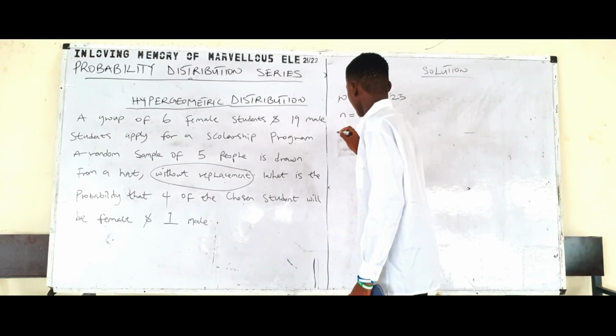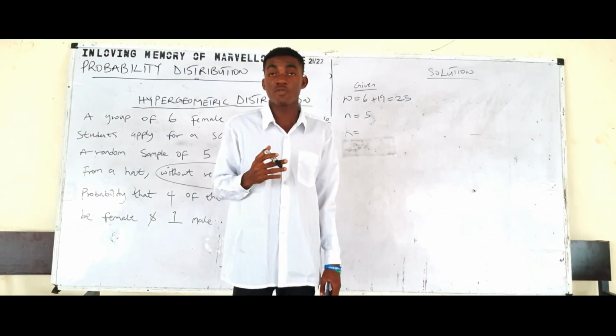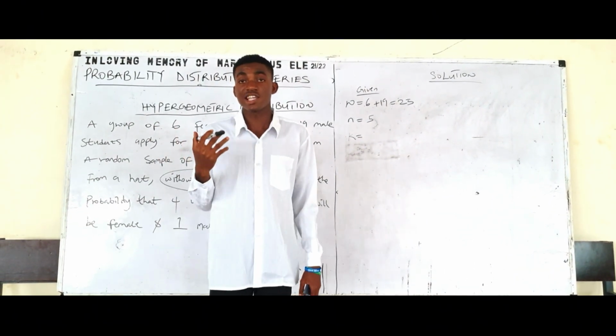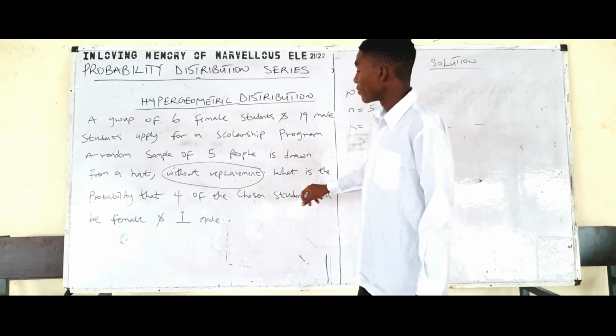Now let's see, what's our K? K stands for the number of success states. Now, who was favored? Female. The question says 4 chosen will be female.